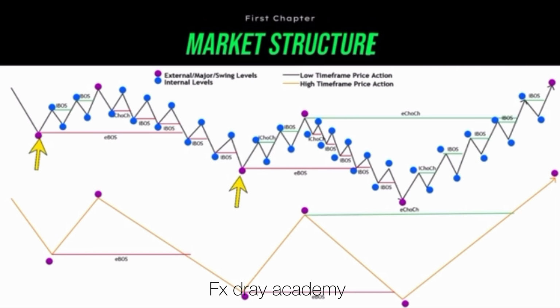Here we have our external break of structure, the one I marked in purple color, and the blue ones inside, those ones are our internal range. So here we now see our change of character, break of structure.